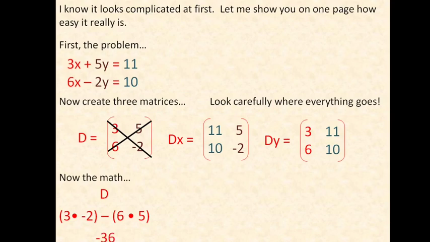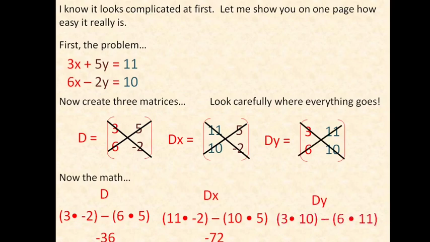For that you will cross multiply 11 and minus 2, 5 and 10, and the value of dx will become minus 72. Now let us find the value of dy. Cross multiply 3 and 10, 11 and 6. Your value of dy is minus 36.